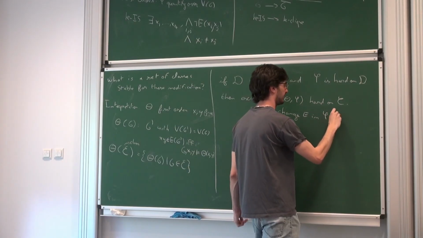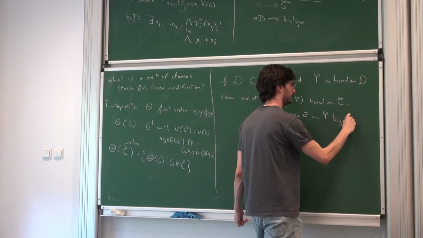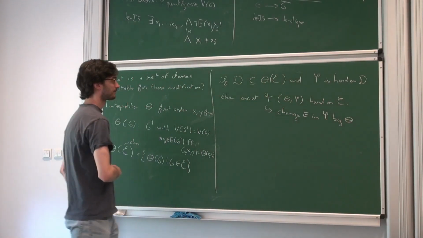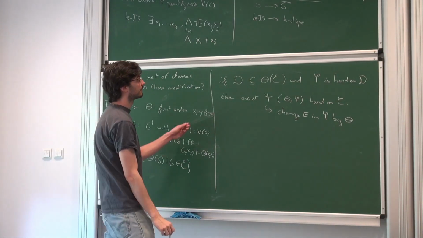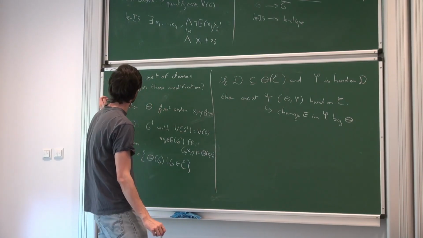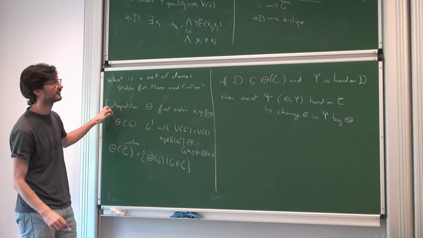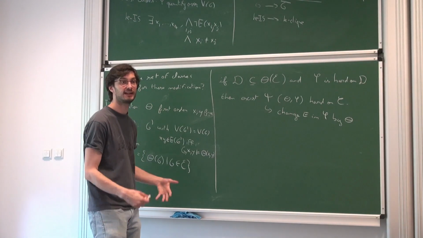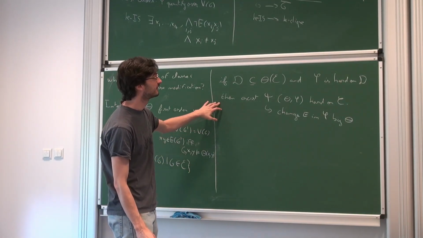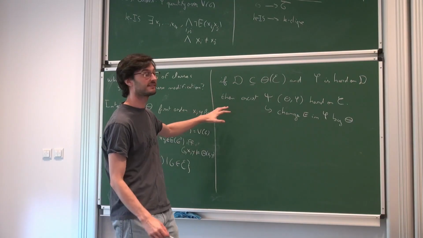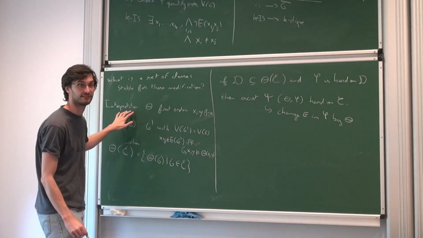So what it means is that if a class admits some model checking algorithm, it should be stable for these interpretations.